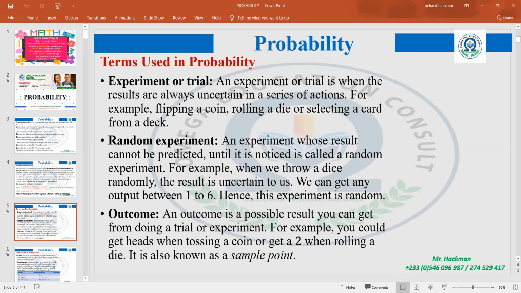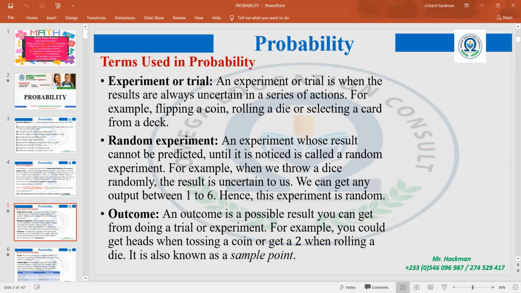The first term that we'll look at is experiment or trial. Anytime I mention an experiment or a trial, you should know exactly what I'm talking about. An experiment or a trial is an action whose results are always uncertain. Any action whose results will be uncertain is deemed an experiment or a trial.